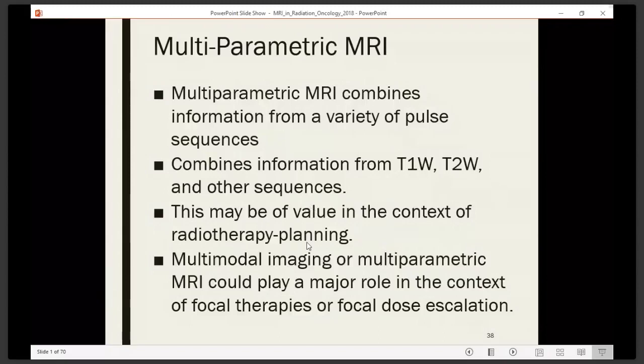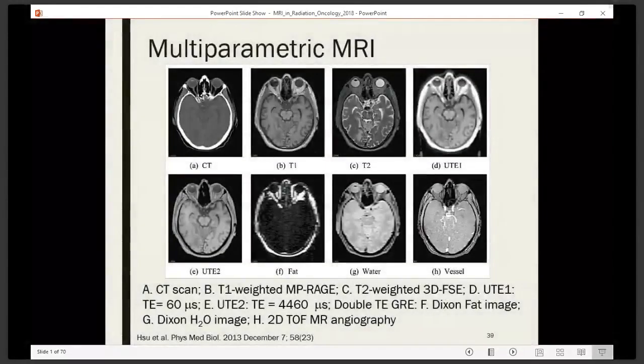And this seems to be the approach people are looking at. A similar type of approach is being used to get attenuation information from MRI data in PET MRI systems, so that you can use the MRI data for attenuation corrections in PET images as well.